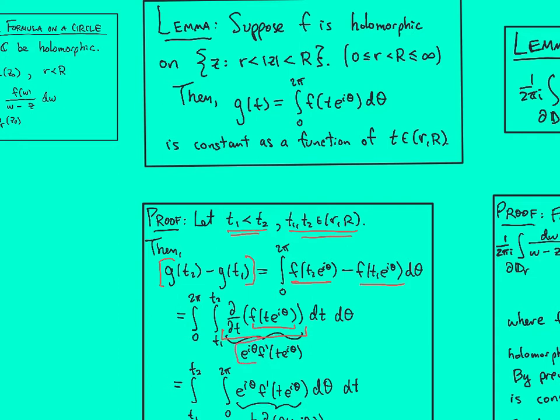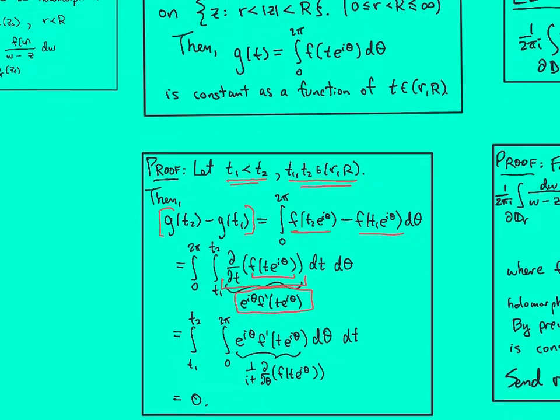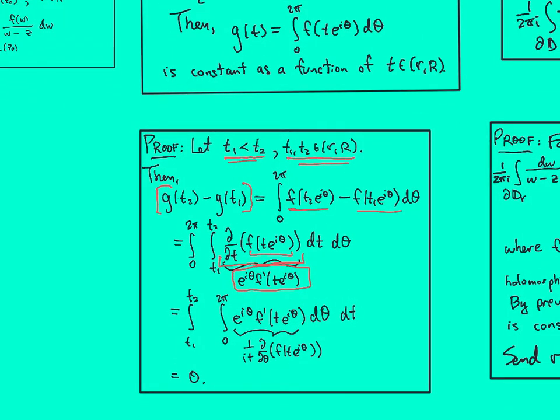So the derivative with respect to t will be e to the I theta f prime of t e to the I theta, but the derivative of the same thing with respect to theta is very closely related.